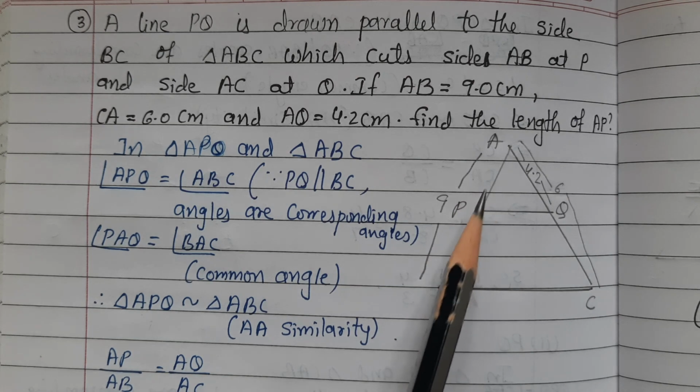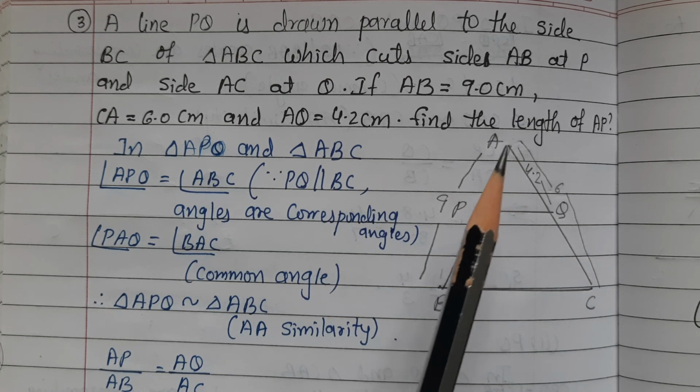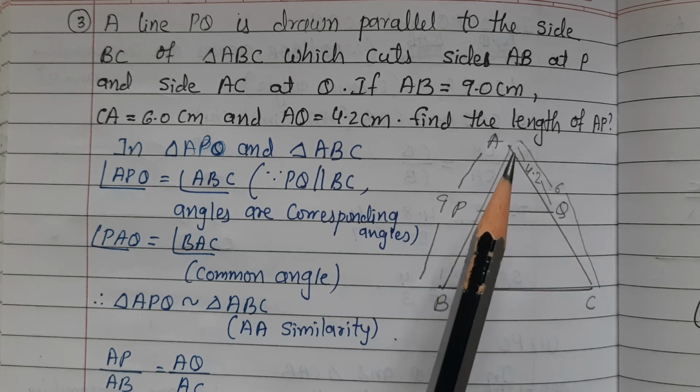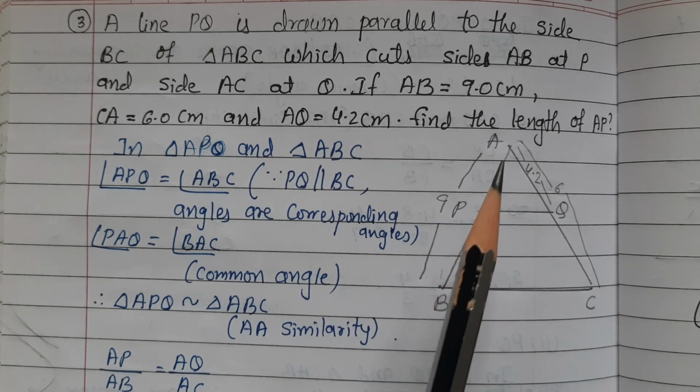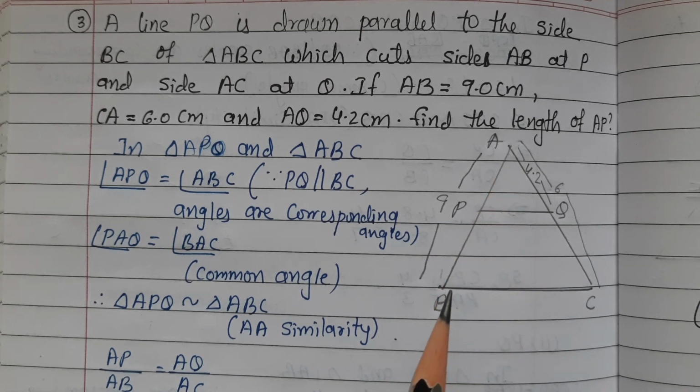In triangle APQ and ABC, angle APQ is equal to angle ABC, corresponding angles since PQ is parallel to BC, and angle PAQ is equal to angle BAC, common angle. Therefore, triangle APQ is similar to triangle ABC by AA similarity.